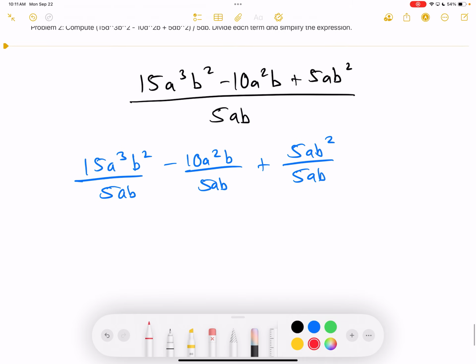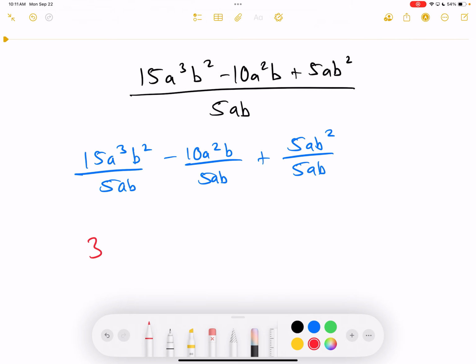Okay, so you got to go through each one. Do the numbers, do the A's, do the B's. So 15 divided by 5 is 3. 3 A's on top, 1 on the bottom. So that leaves me 2 on top. 2 B's on top, 1 on the bottom. That's 1 extra on top.